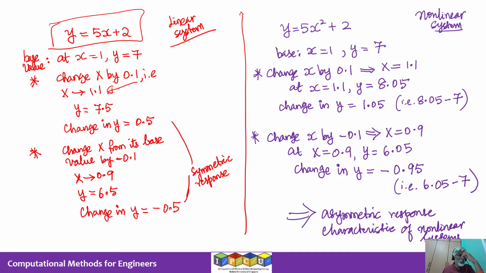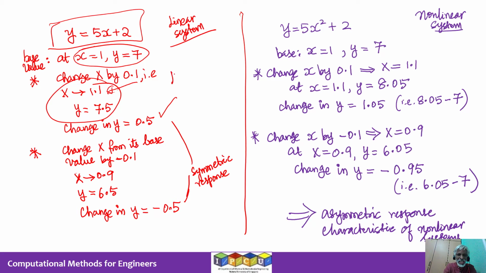So x becomes 1.1, in which case y will become 5 times 1.1 plus 2. That is 5.5 plus 2. Therefore, y becomes 7.5. So the change in y is 0.5. When x is 1, y is 7. When x is 1.1, y is 7.5 for this system, which is described by y = 5x + 2.